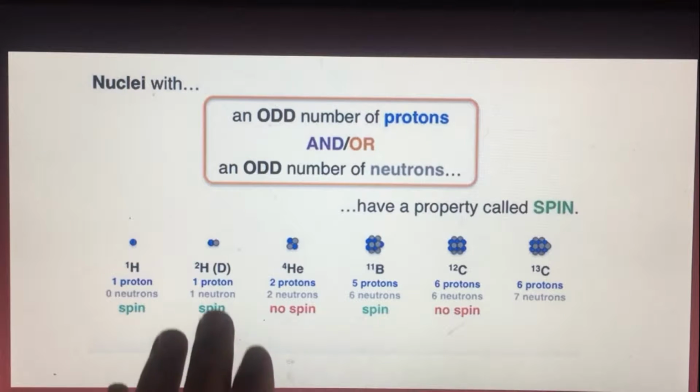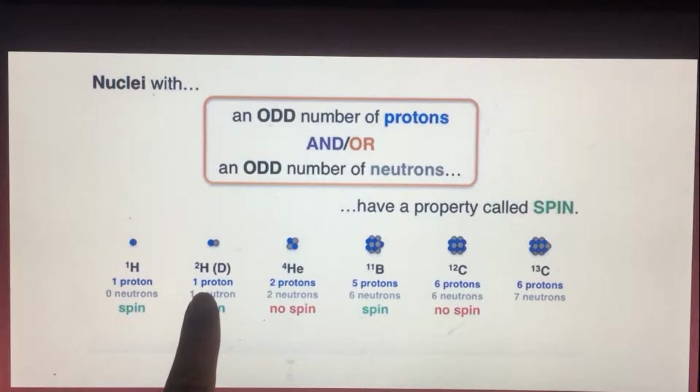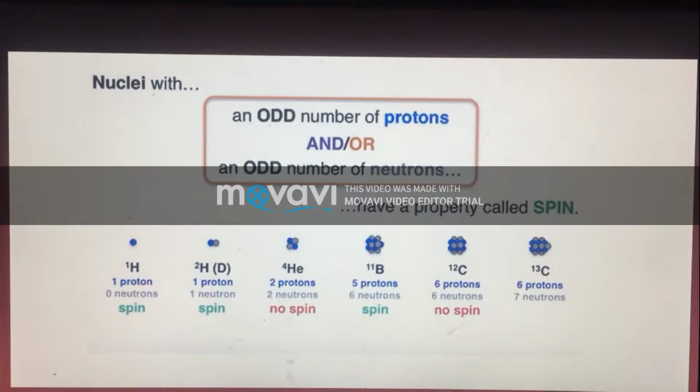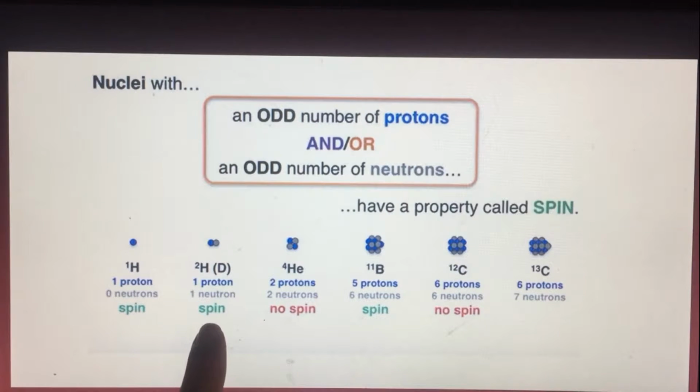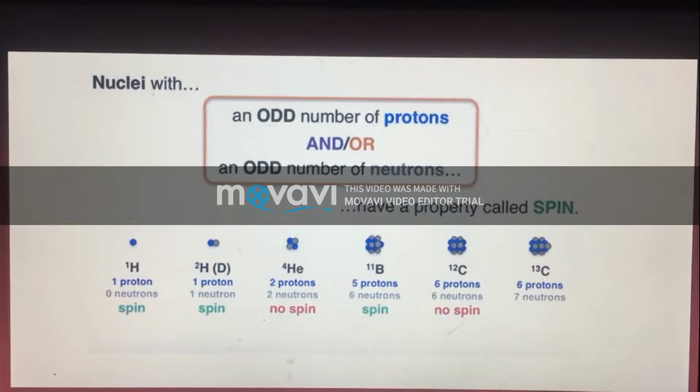Okay. In the case of deuteron, see this atom. This is deuteron. It has one proton and one neutron. So the number of protons is odd and the number of neutrons is also odd. This shows that this atom also shows spin. Okay. Let's see the case of helium. In the helium atom, the number of protons is 2 and the number of neutrons is also 2.